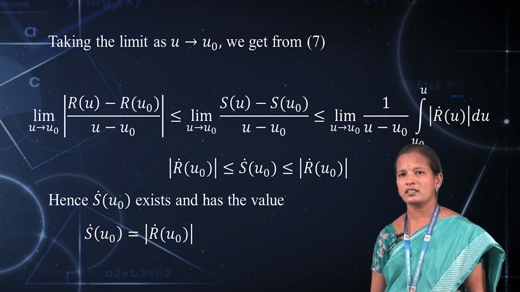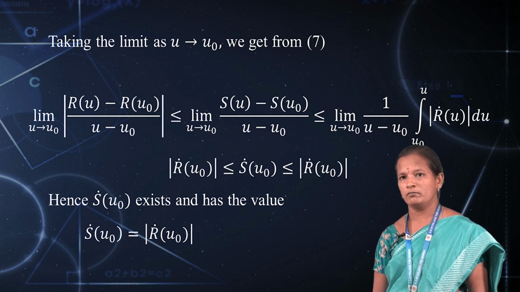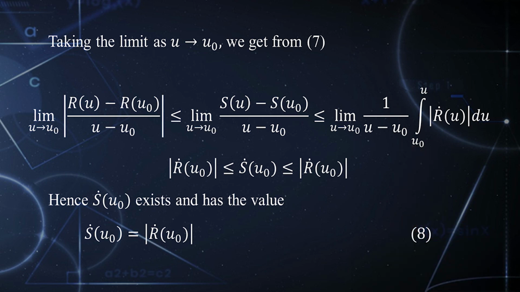Taking the limit as u tends to u naught, we get the result modulus of r dot of u naught, that is, by the mean value theorem, modulus of r dot of u, which is less than or equal to the center value, denoted as s dot of u naught, less than or equal to the last one, denoted by modulus of r dot of u naught.